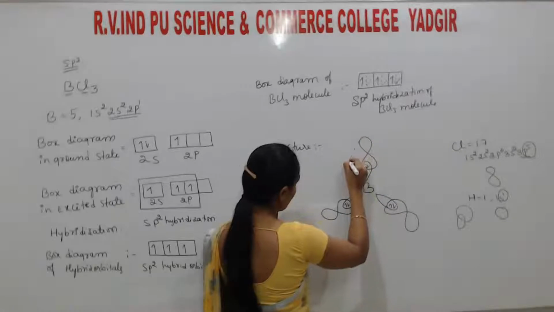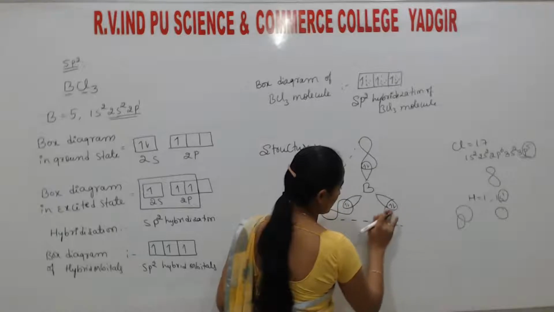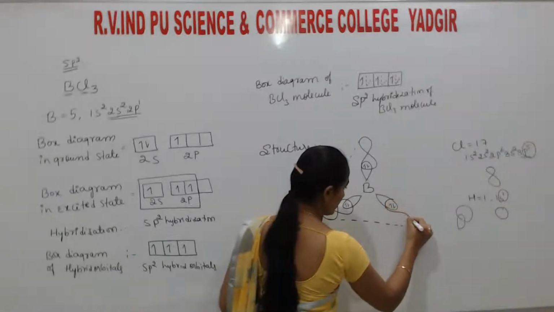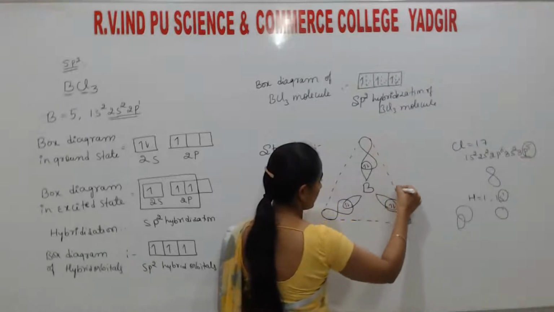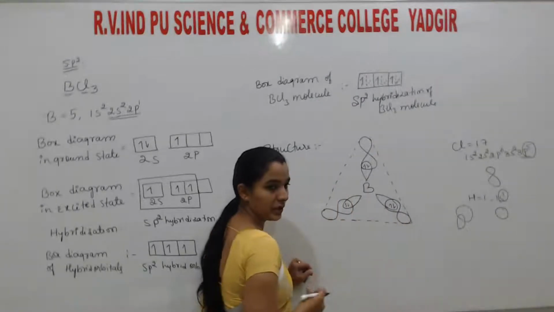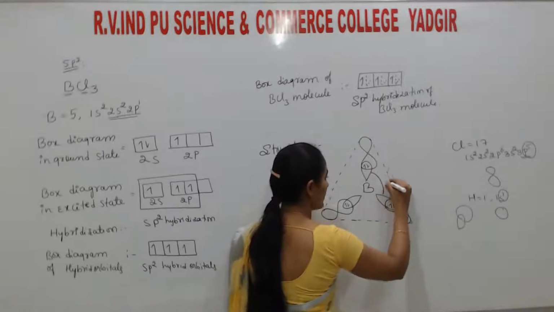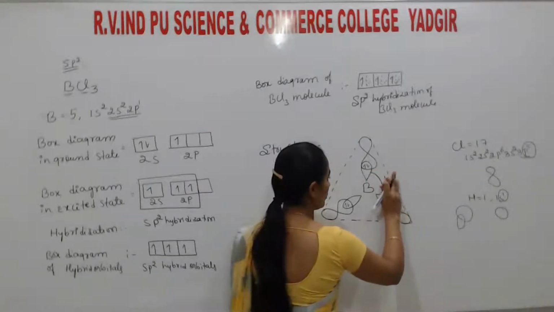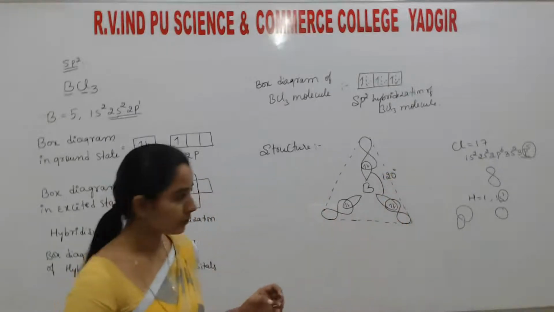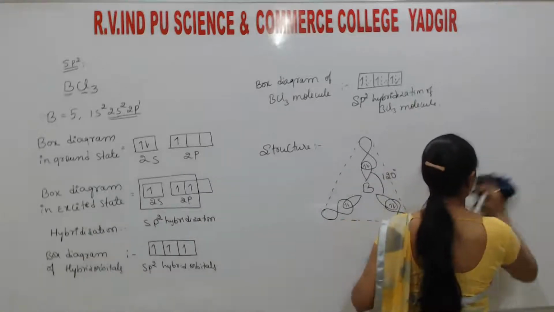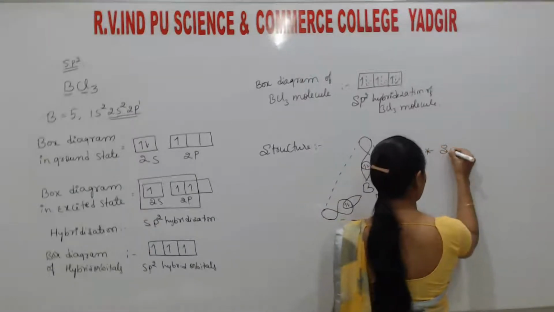If you consider the structure, this is like a triangle, that is trigonal planar. The bond angle here is 120 degrees. So the points we need to write: the first point is sp2 hybridization.